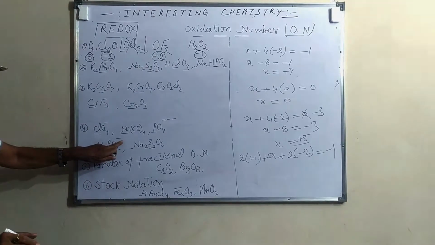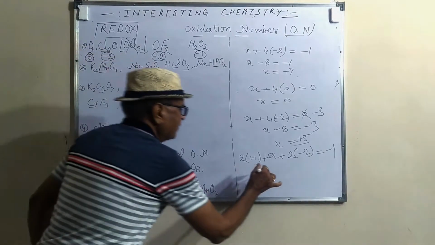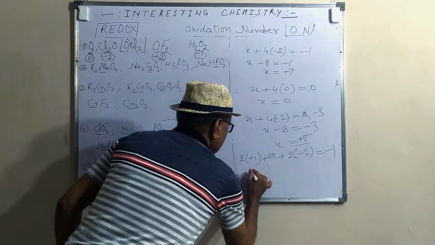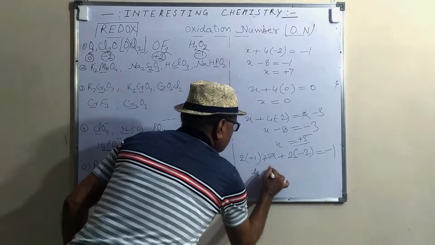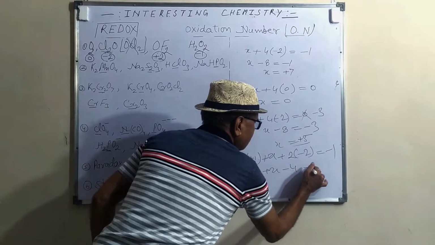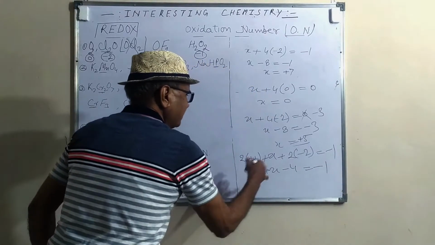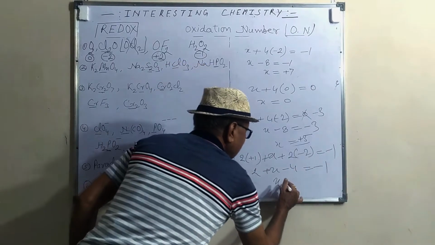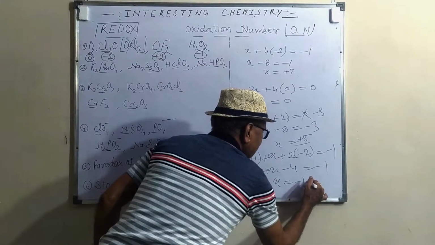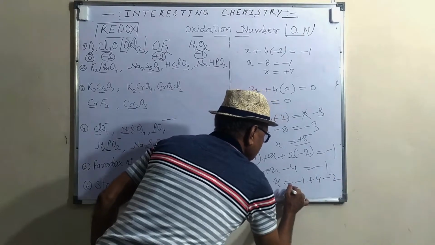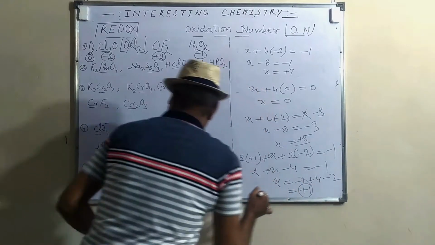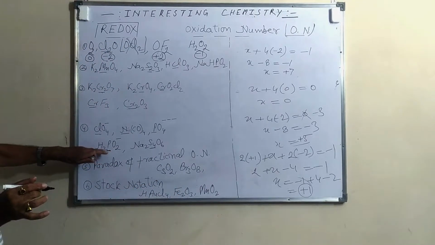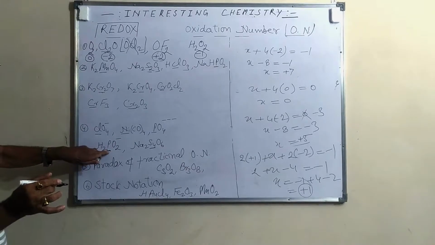So 2 plus X minus 4 is equal to -1. So X is equal to -1 plus 4 minus 2, so here +1. In this case, the oxidation number of P in the dihydrogen phosphite ion is +1.